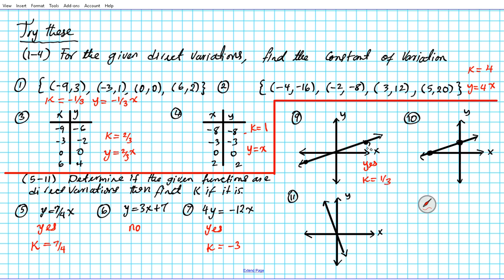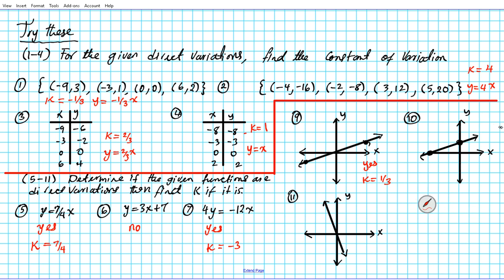Because you have the point here. And then for number 10, this is a no, because it does not go through the origin, so this is not a direct variation.